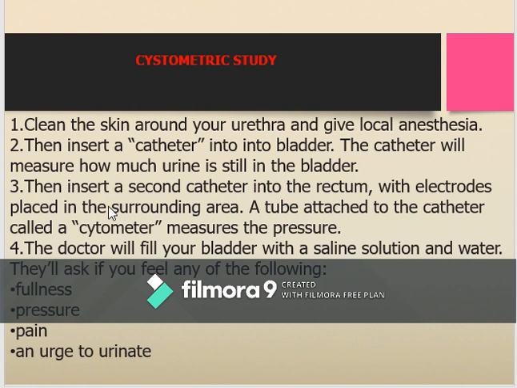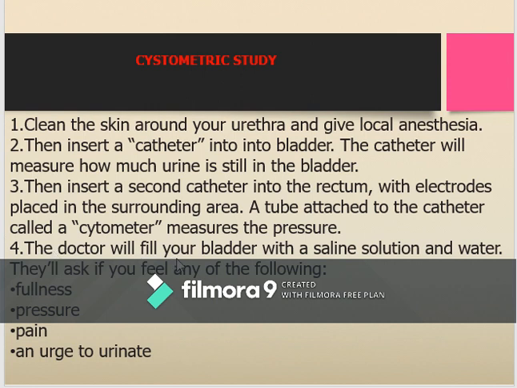Then we will insert another catheter into the rectum, and electrodes are placed in the surrounding areas of the rectum. The tube attached to the catheter is called the cystometer, which measures the pressure inside the bladder.